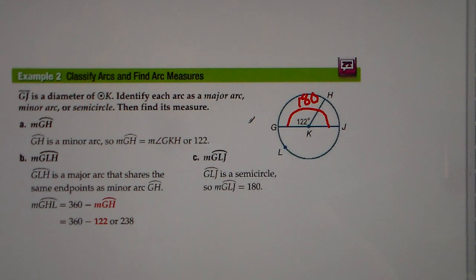Well, they want you to find GH. Well, GH is the minor arc, sorry, so the central angle is 122. So GH, that minor arc GH, is going to be 122, because that's what this little arc is. The arc and that length is going to be the same.